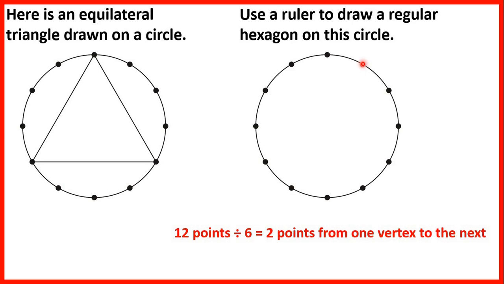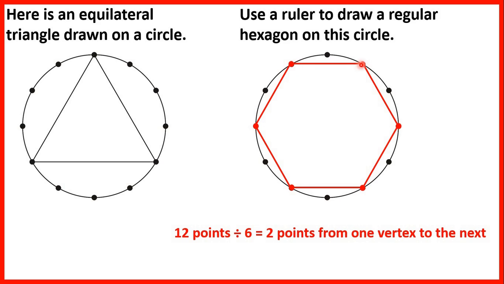So if we pick a point, we can miss one and then colour in this one here and do the same. So we're missing one of the dots each time, and then we can join up the dots that we've highlighted or coloured, and we have a regular hexagon.